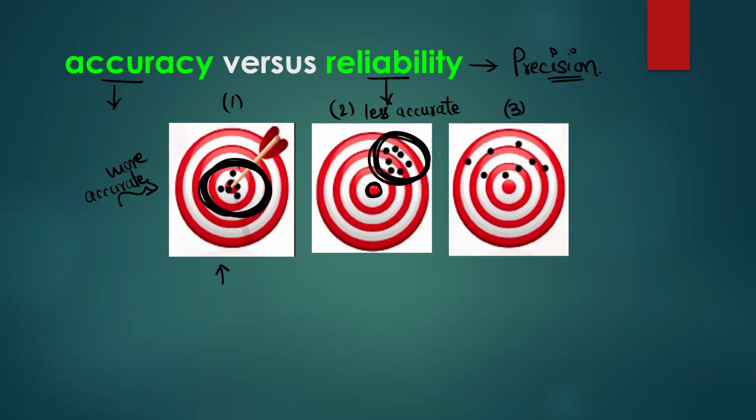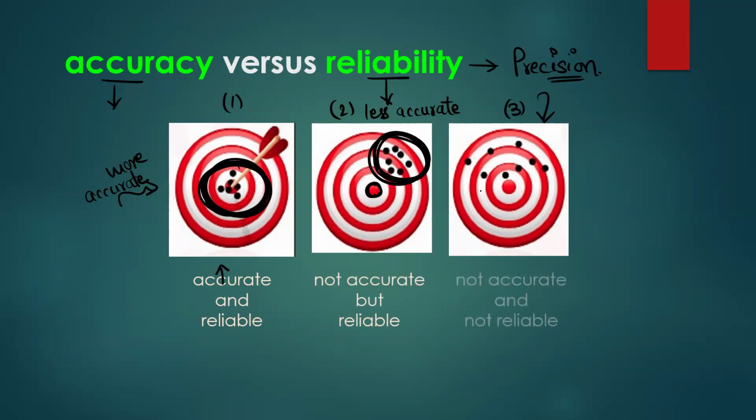So it means they are precise. But in number 3, they are far from each other. So they are less precise. So the first one is accurate and reliable also. The second one is reliable, but it's not accurate. The third one is not accurate and not reliable. Not precise. Reliability means precision.